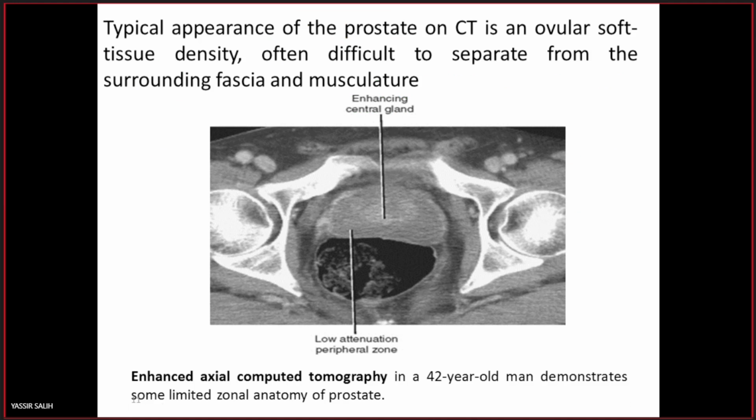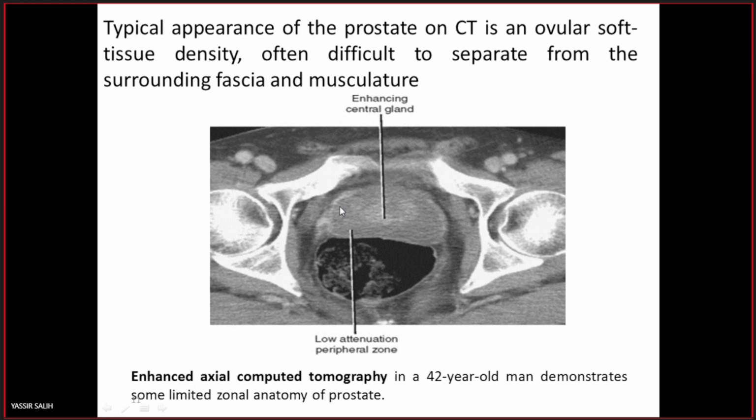As we mentioned, CT can be used for assessment of the prostate, but it is very poor in displaying of the zonal anatomy, and differentiation between the peripheral and central zone of the prostate. The prostate on CT typically appears as an ovular soft tissue density structure.